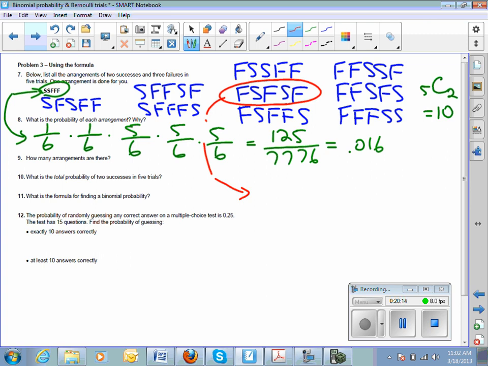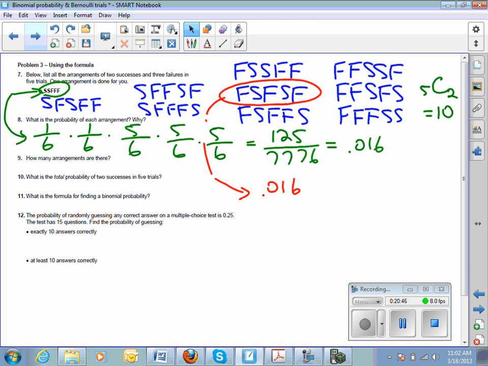Okay, yeah, because even though things would appear in a different order, like we had 5/6 times 1/6 times 5/6 times 1/6 times 5/6, the product of the numerators and the product of the denominators would still be the same, and so we'd still get the same probability of 0.016. All right. Again, we had 10 of these outcomes. Each one has a probability of 0.016 of occurring.